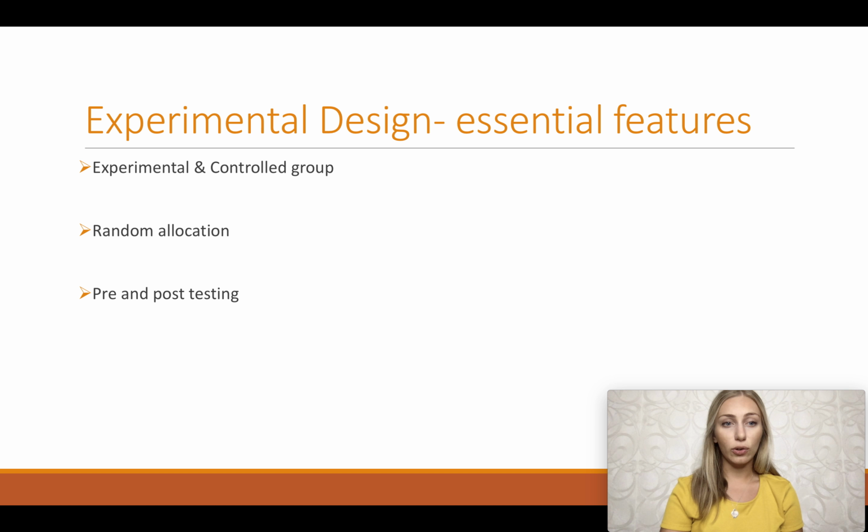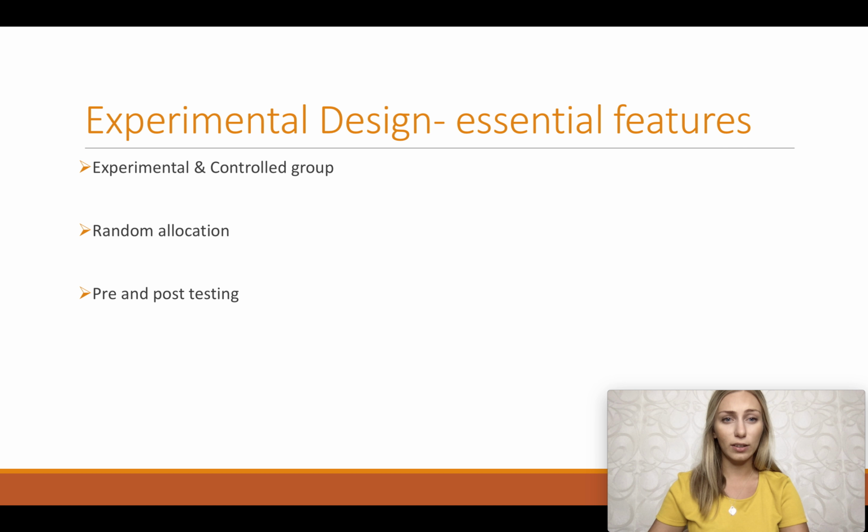The other essential feature within an experimental design is random allocation. All participants need to have an equal opportunity to be allocated to either the experimental or the controlled group. This helps us to control any extraneous variables that could happen within this experimental design.